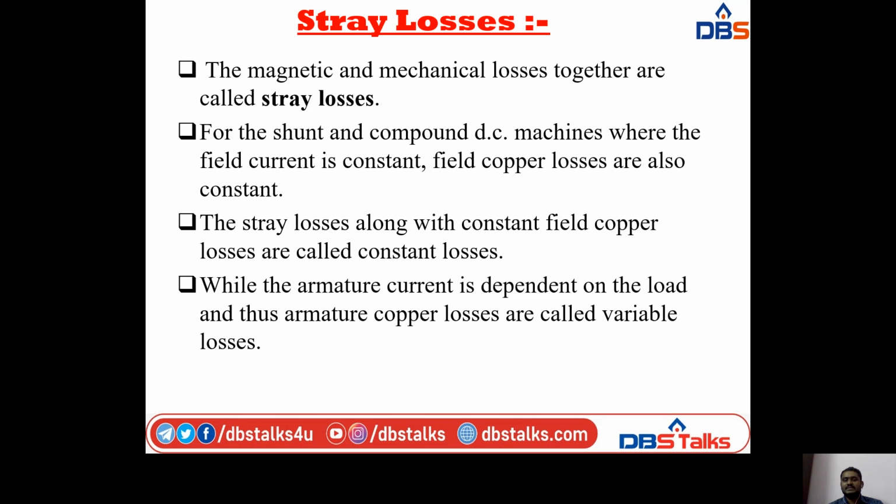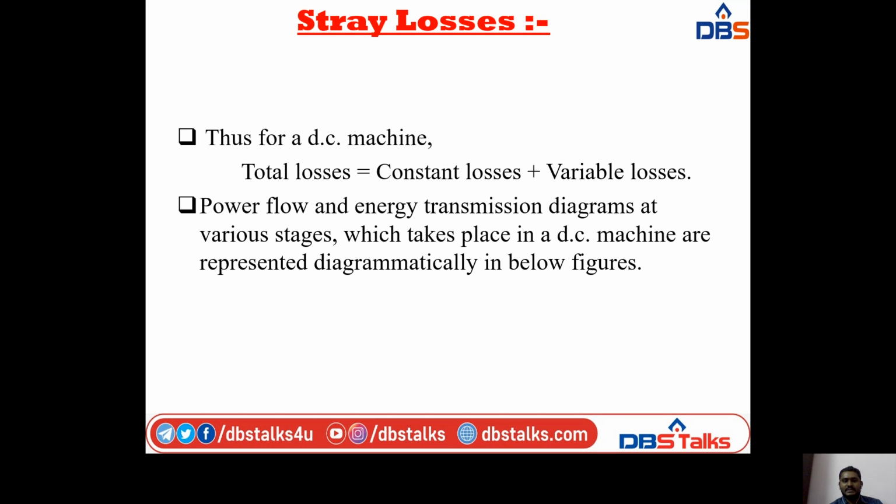The stray losses along with the constant field copper losses are called constant losses, while the armature current is dependent on the load, and thus armature copper losses are called variable losses. Thus for a DC machine, total losses is equal to constant losses plus variable losses.